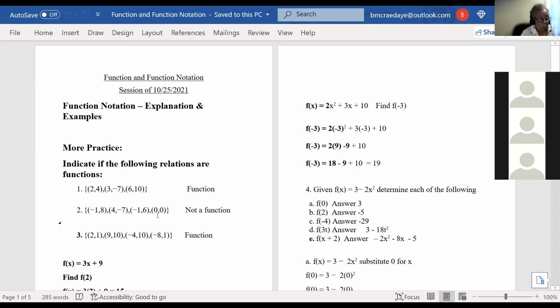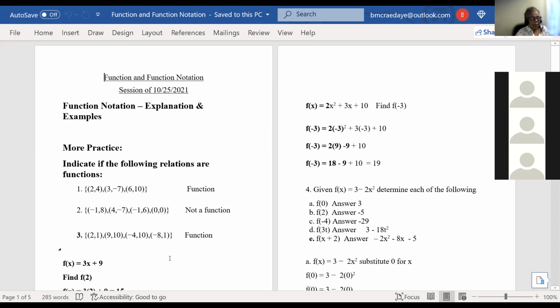So if you're looking at pairs and you see different x values, then you know that's a function. Once you see duplicate x values, then it's not a function. Like number 3, you have 2, 9, -4, -8. All different. That's a function.